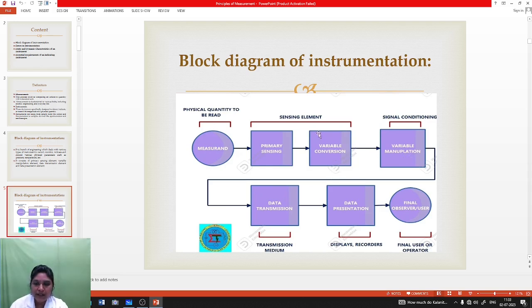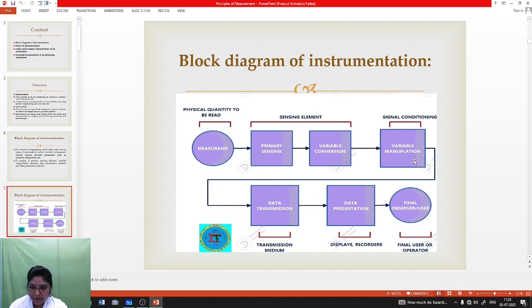So that is the sensing element stage, and next is signal conditioning. Here we manipulate the signal, or adjust the output to the desired form for the next stage. What does variable manipulation mean? The level of the output from the previous stage may not be enough to drive the next stage.